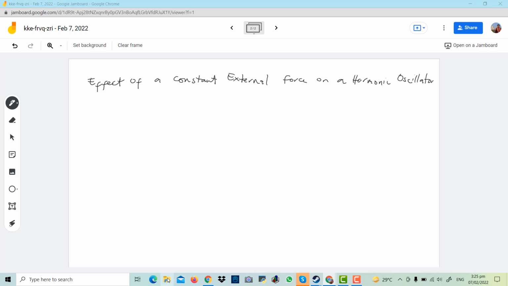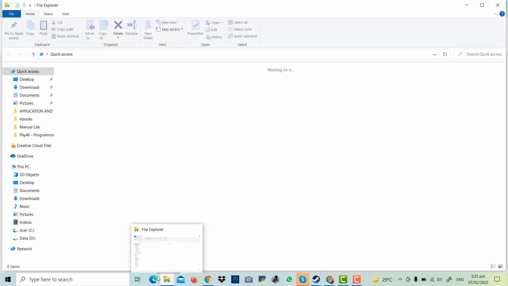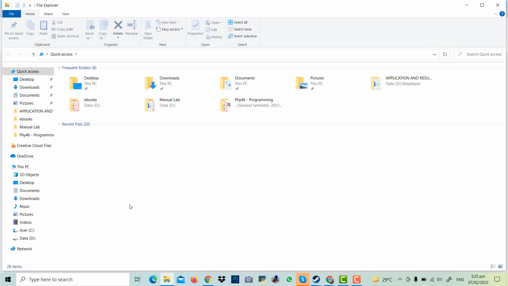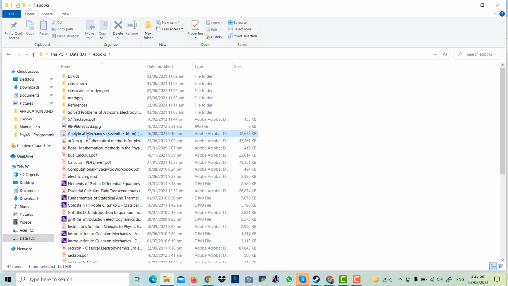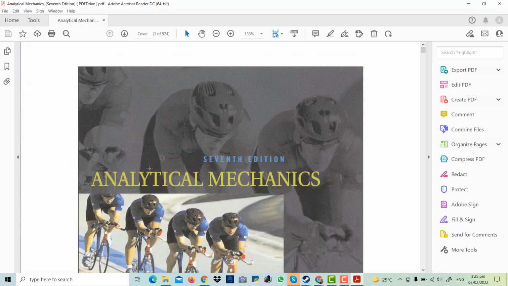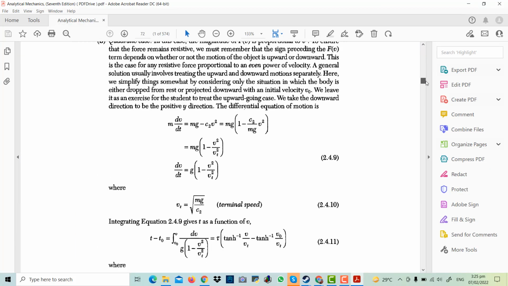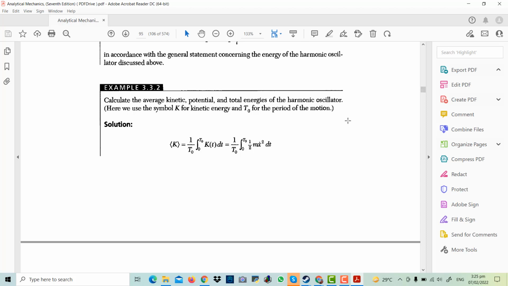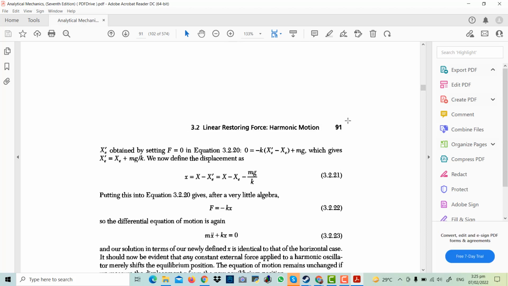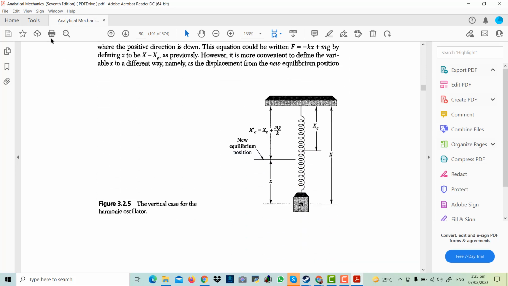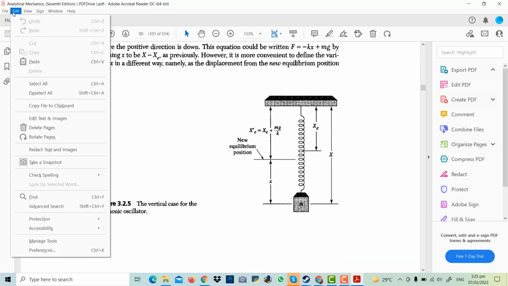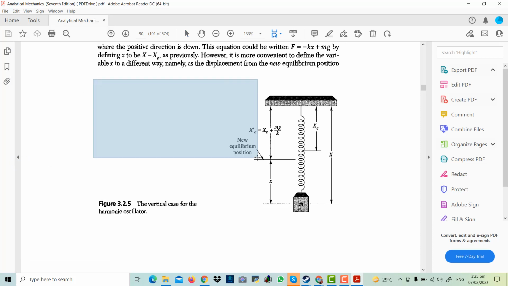Is the equation of motion the same whether you make your harmonic oscillator stand vertically or lay it horizontally? Let's look at this analytically. Its figure is this. You attach a spring. Okay, this is the vertical case for the harmonic oscillator.